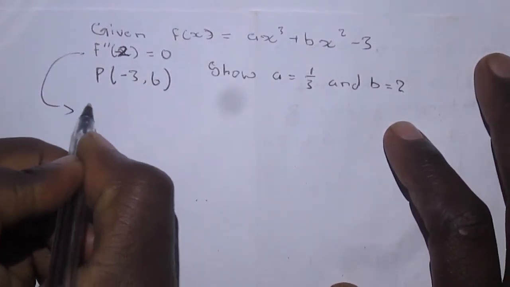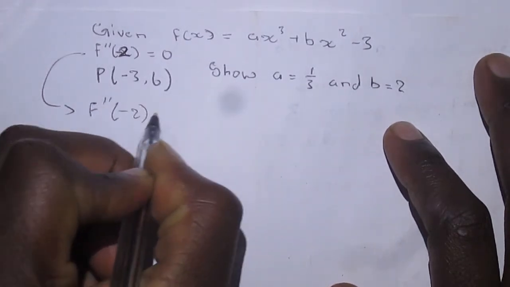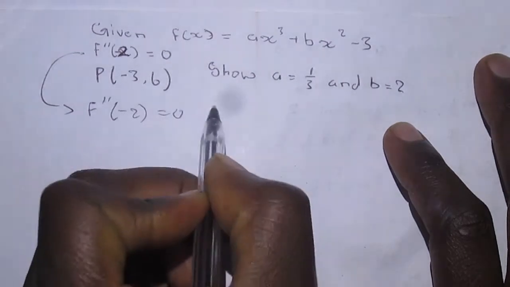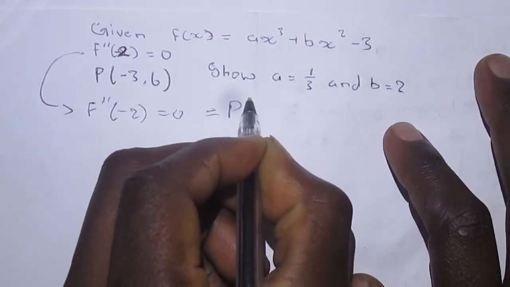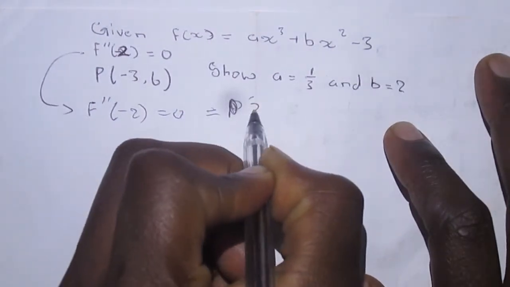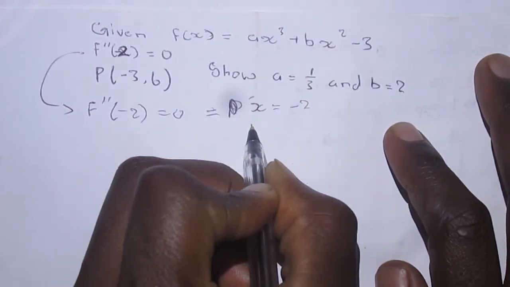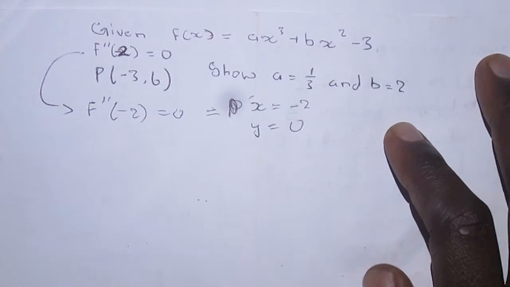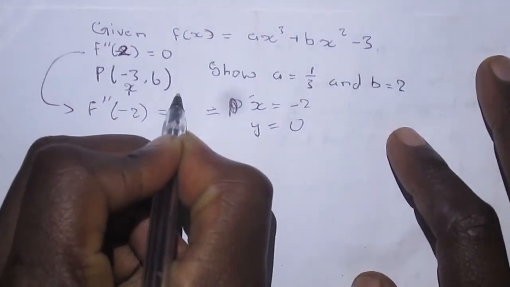A lot of people can't seem to know what this means. When you interpret this, it means that this is a mark where x is equal to -2, you get y will be 0. It means that this is x and this is y.